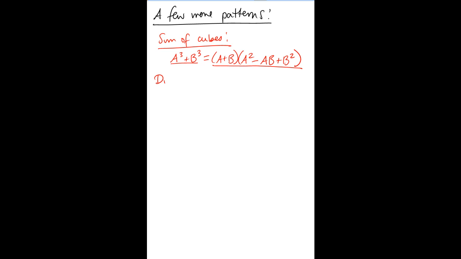There's also a difference of cubes. So a cubed minus b cubed can be written as a minus b times a squared plus ab plus b squared.